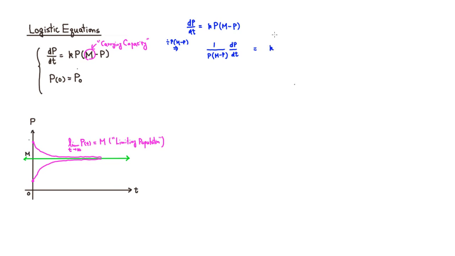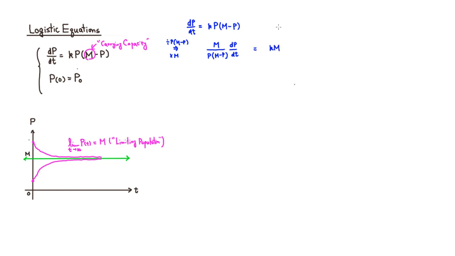To make our lives easier, I'm going to actually multiply both sides by M as well. You'll see why I'm doing this. So here's M, and I'm going to put the kM here.